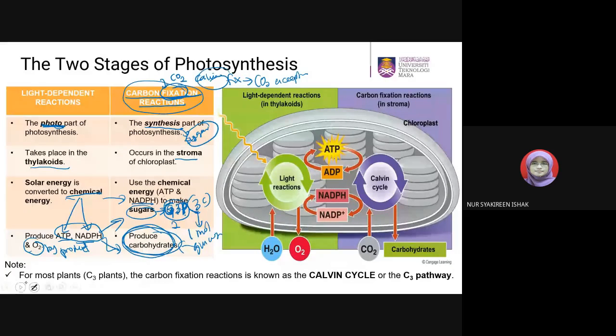It says at the bottom here, for most plants, C3 plants, the carbon fixation reaction is known as the Calvin cycle or C3 pathway.